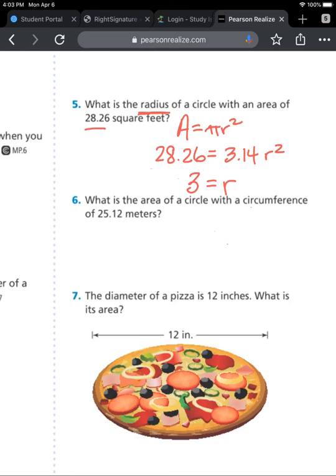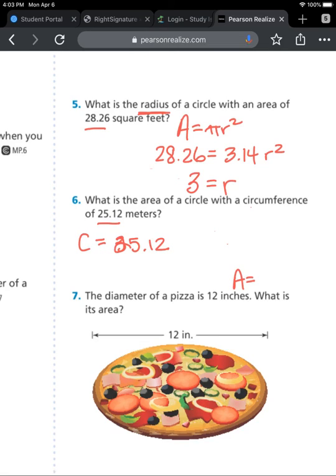So now let's look at number 6. What is the area of a circle with circumference 25.12 meters? This is just like the ones that we did. So they're telling you the circumference, 25.12, and they're asking you to find the area.